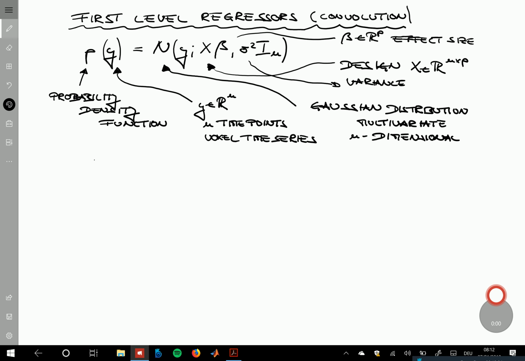This model obviously tries to make a deterministic prediction based on X beta, and it allows for some stochastic deviations from that, and the sigma square quantifies the size of this stochastic deviation. If you estimate it, then of course it refers to the residuals.